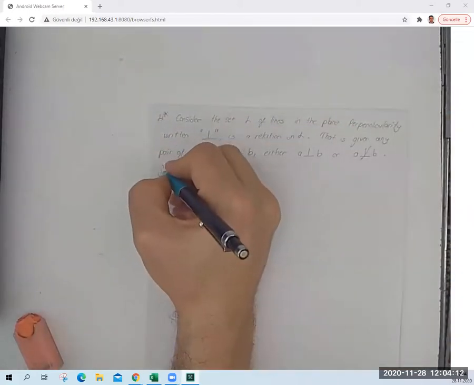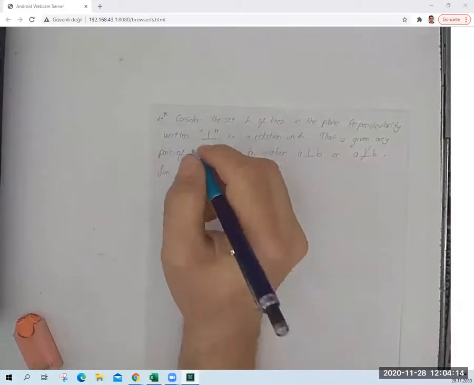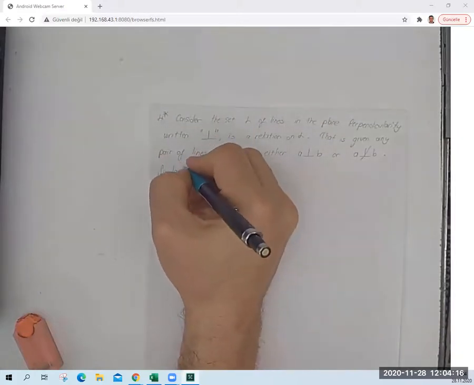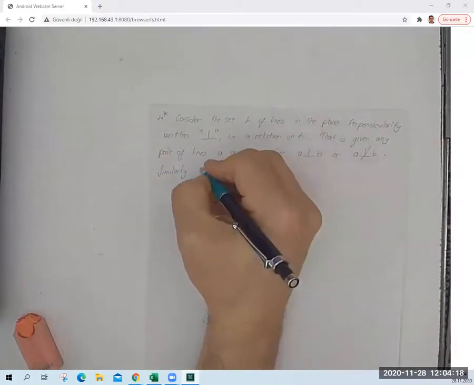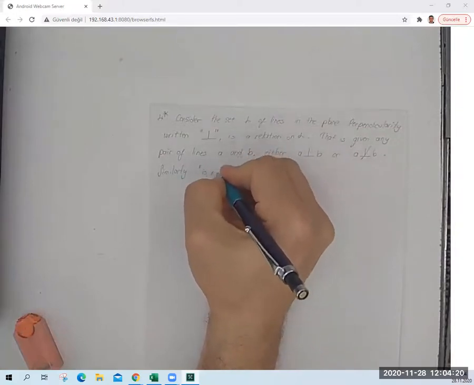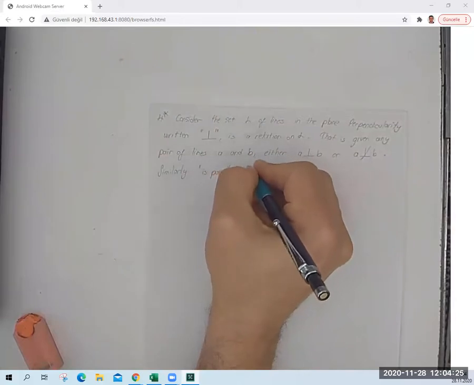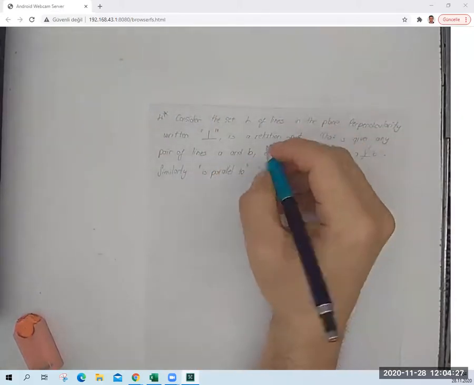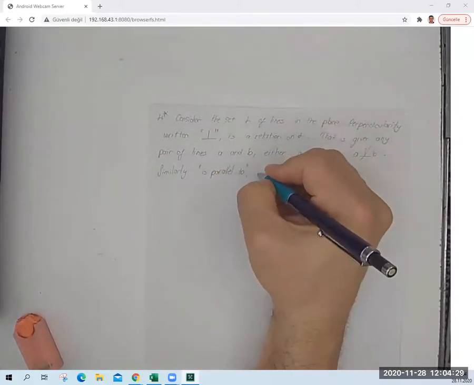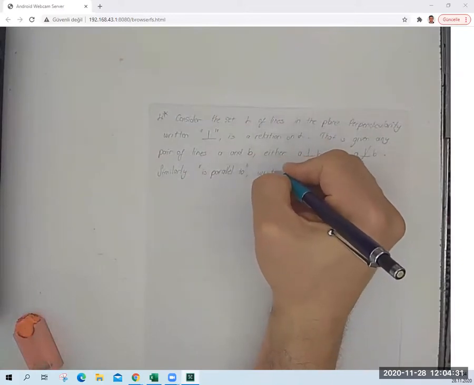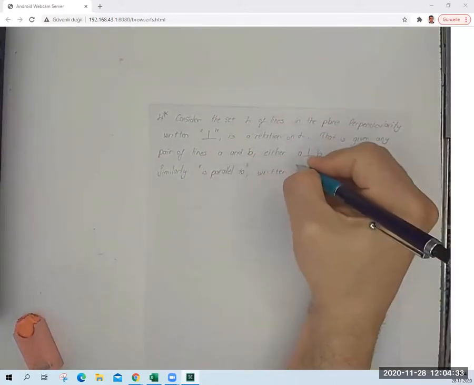Similarly, we can add one more relation, is parallel to, with a symbol like that.